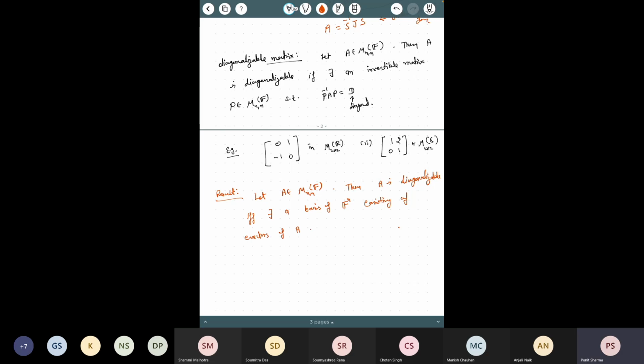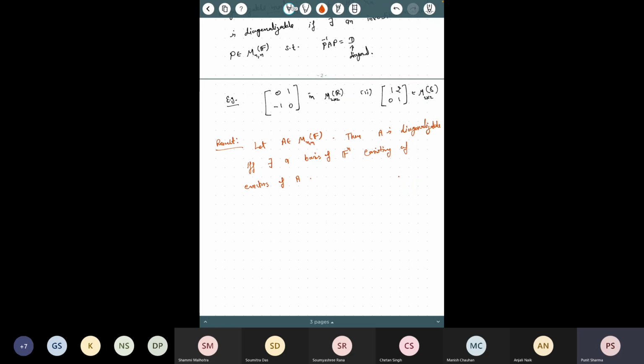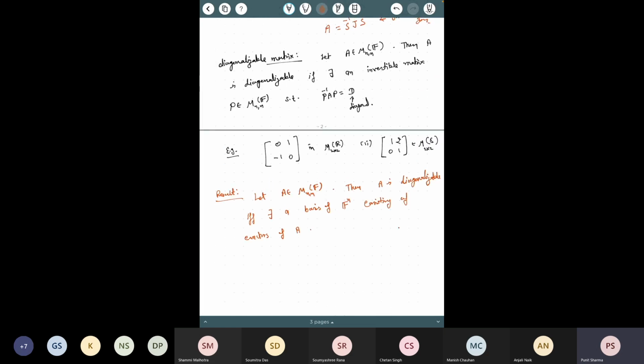If you can find a complete set of eigenvectors for A, then using those eigenvectors you can construct the transformation matrix P, and then write P inverse AP as a diagonal matrix. I'm not going to prove this; you have already learned it.